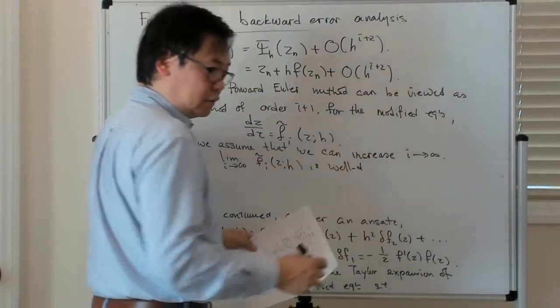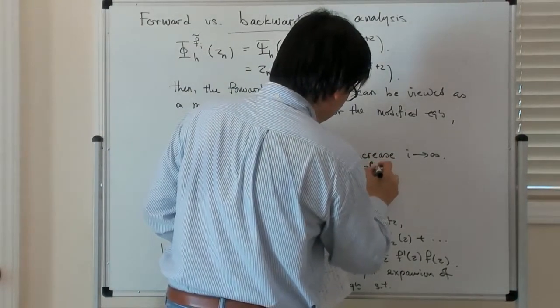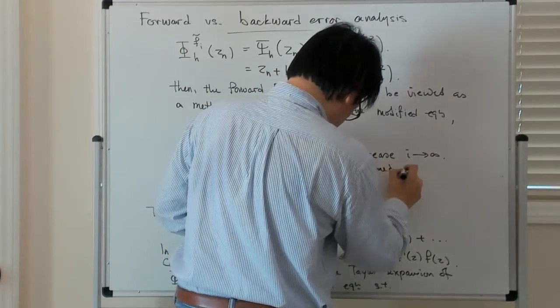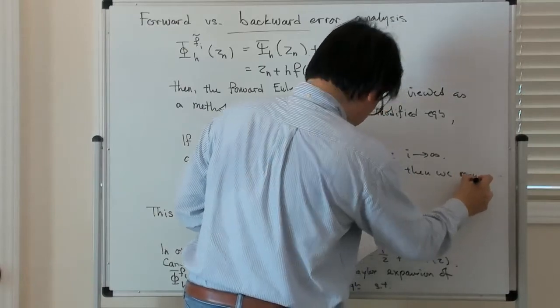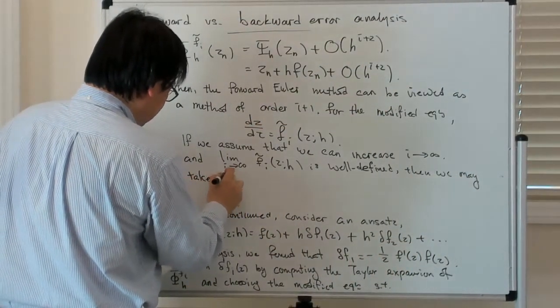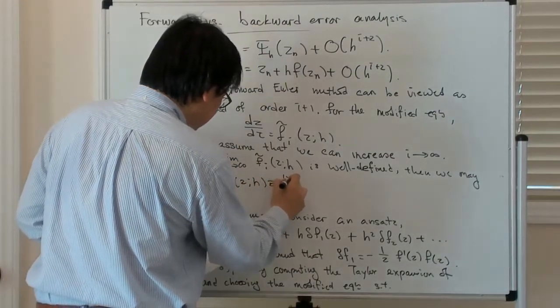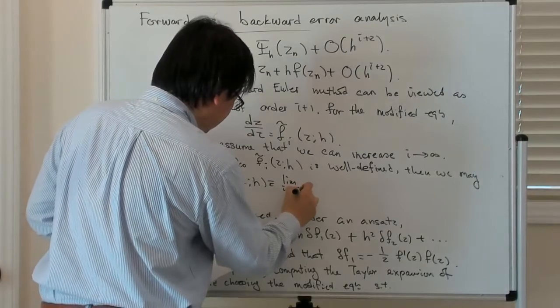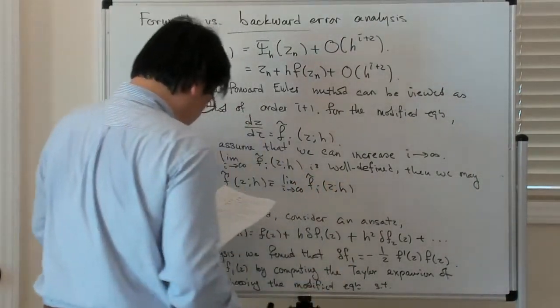None of these are necessarily true, right? But if you could have that, then we may take this limit, f tilde of z, h, as the limit as I tends to infinity of f tilde I of z, h.